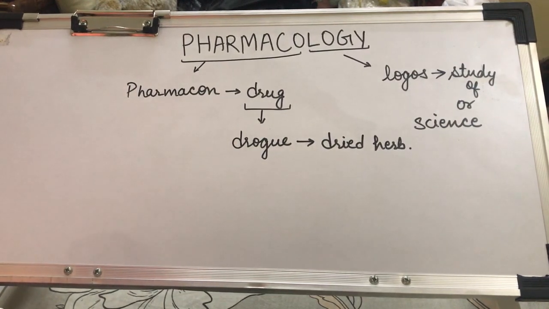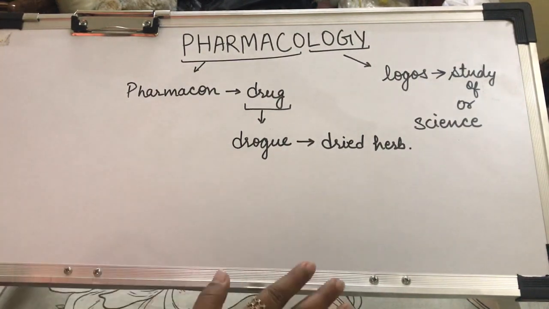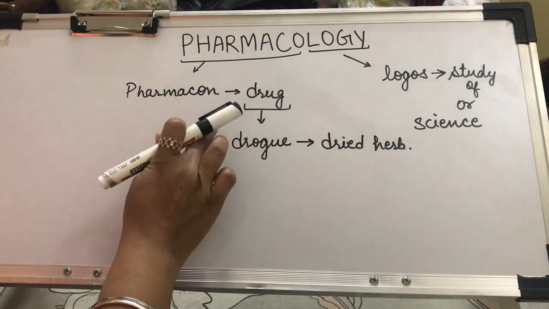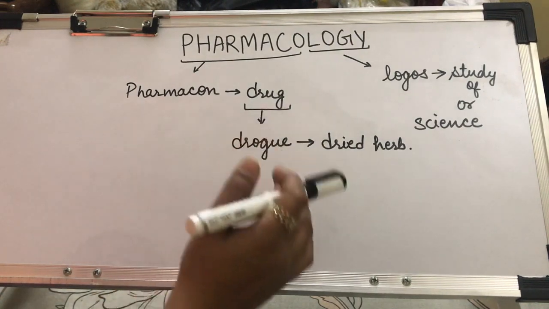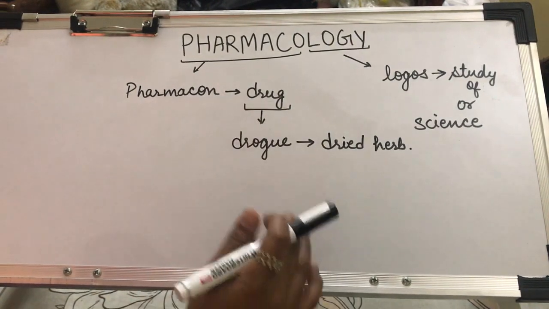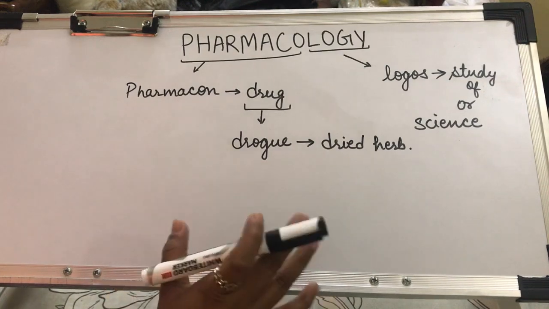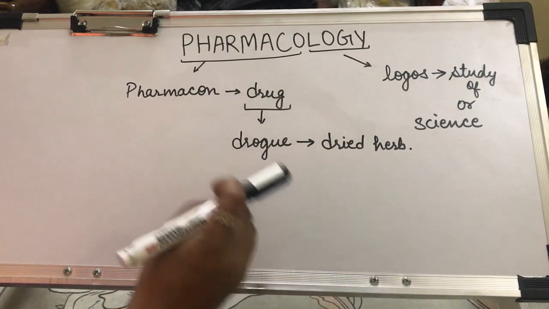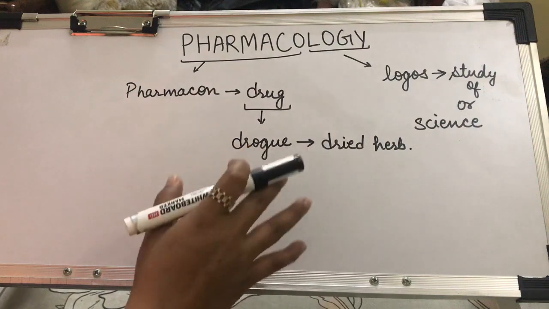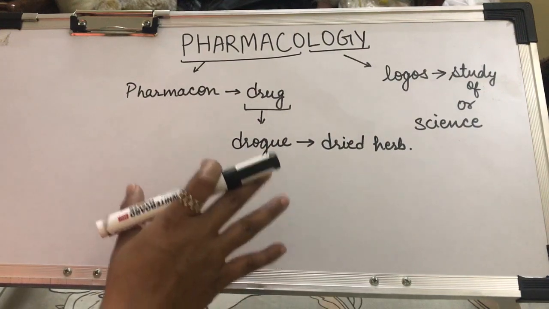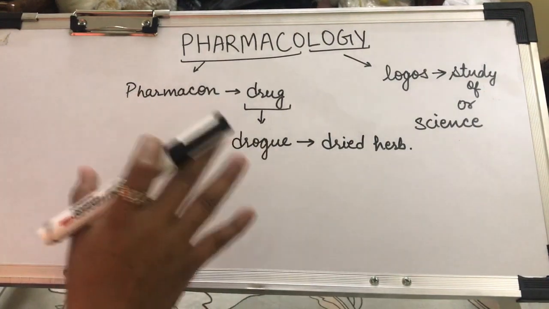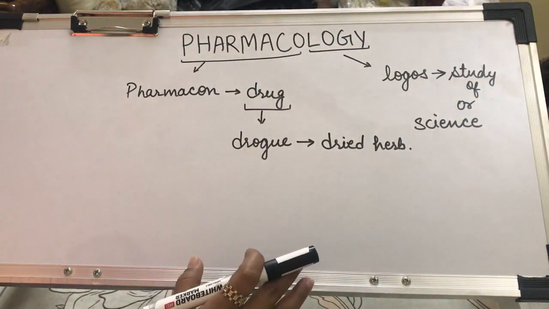But in medical terms, drug has been defined as any substance or any product which is used in the diagnosis, treatment, or prevention of a disease. It can be any component which is used medically for diagnosis, treatment, or prevention.